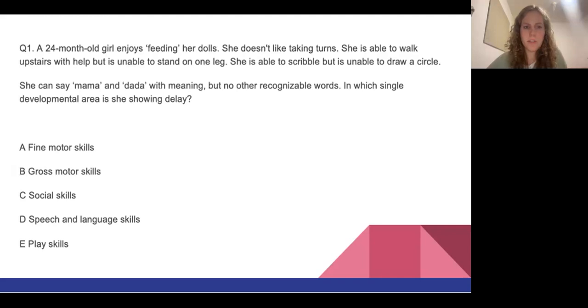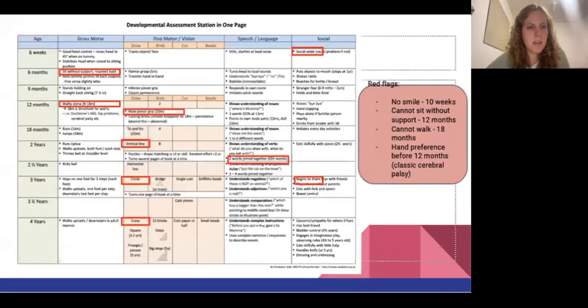If anyone knows, feel free to type it in. I'm not going to give the answer yet, but we'll come back to the answer in a bit.